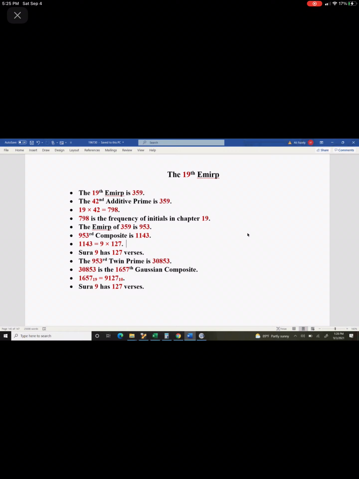But now look at the serious things that happen. We started with 30853, whose digital sum becomes 19. It's a prime number. Furthermore, the index of this in the domain of Gaussian composites happens to be 1657. 5 plus 7 is 12, plus 6 is 18, plus 1 is 19.